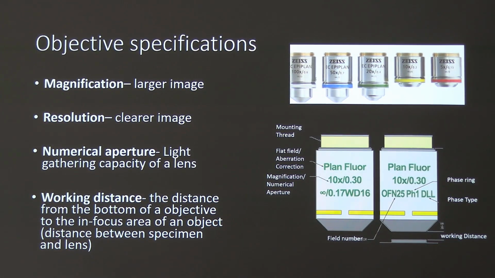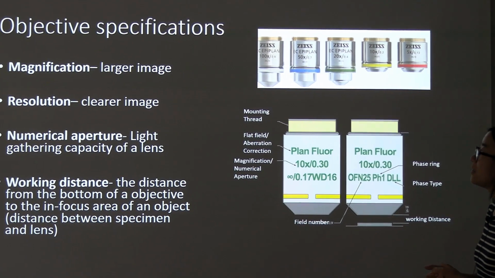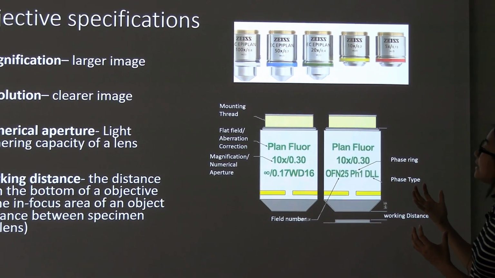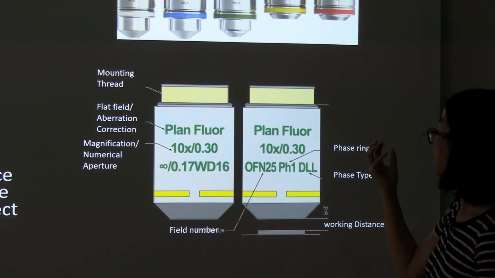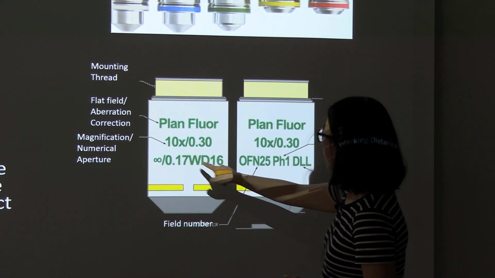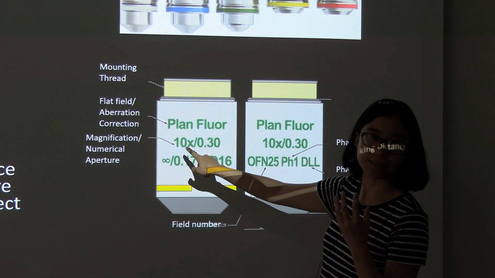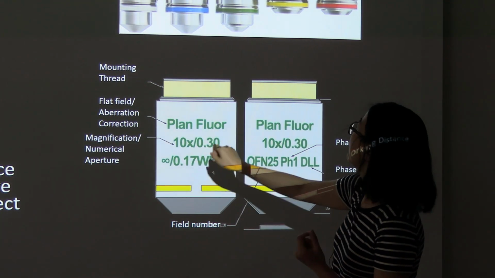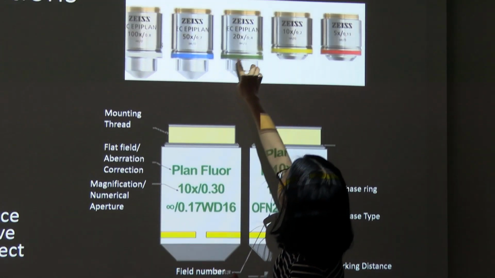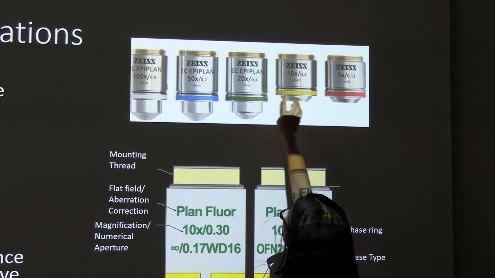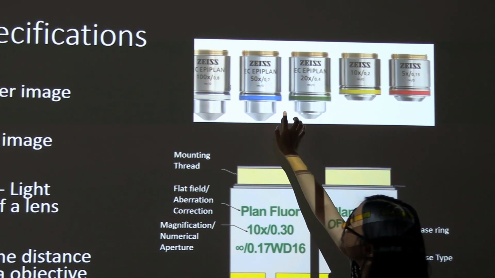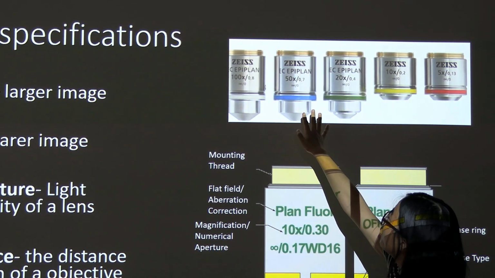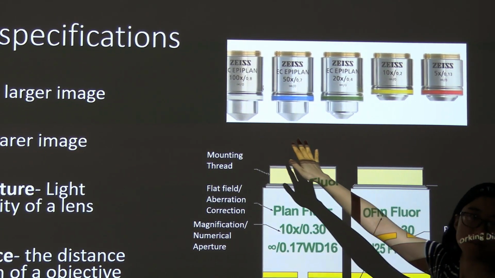There's also information on magnification, so how much larger they can make the image with these objectives. For example, here you have the 10, which means it increases 10 times in size. And also you have this 5 or 4, you have the 20, and you have higher magnification with 40, 50, or 100.